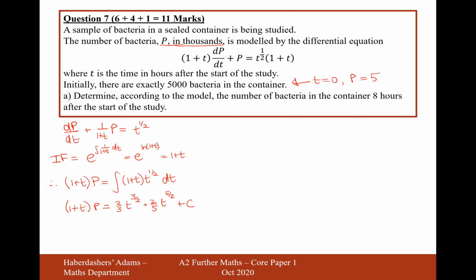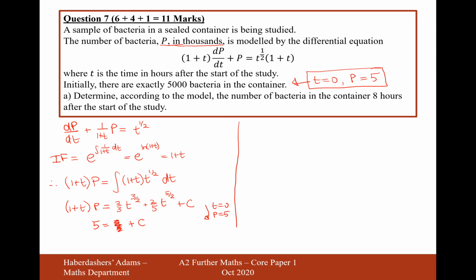Now we need to work out what the plus c is equal to by substituting in this information. So when t is equal to 0, P is equal to 5. Let's plug that in. We're going to get 1 plus 0 is 1, times 5, so that'd be 5 equals 2/3 times 0, oh, so that just cancels out. So it's just plus c, isn't it? So c is plus 5.